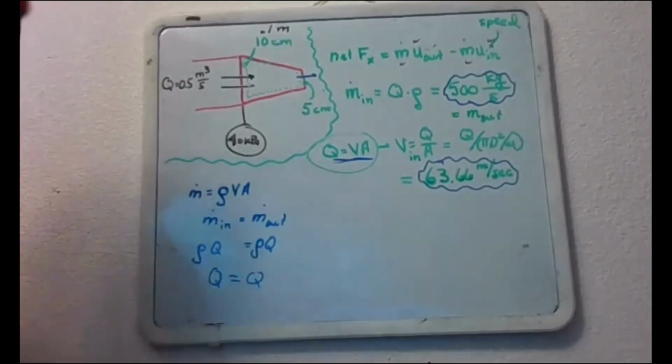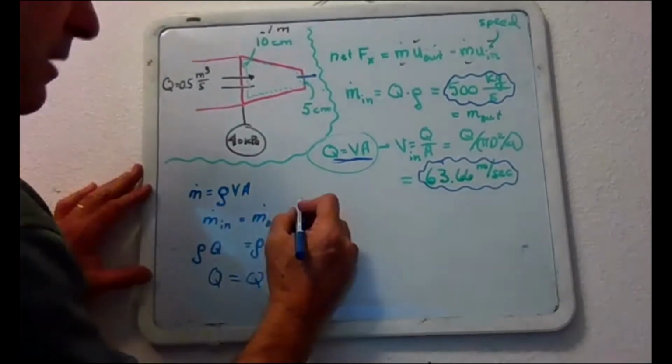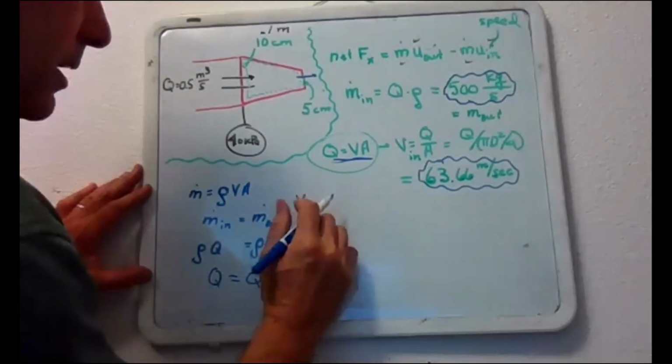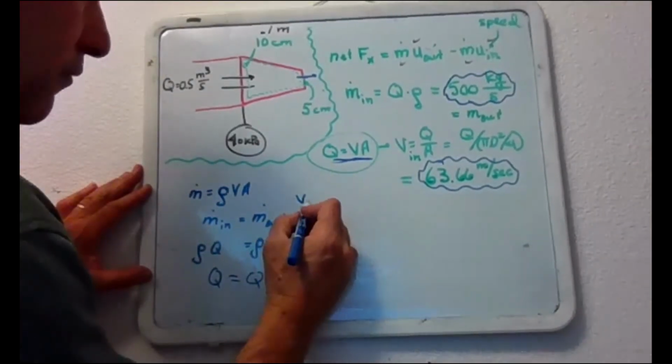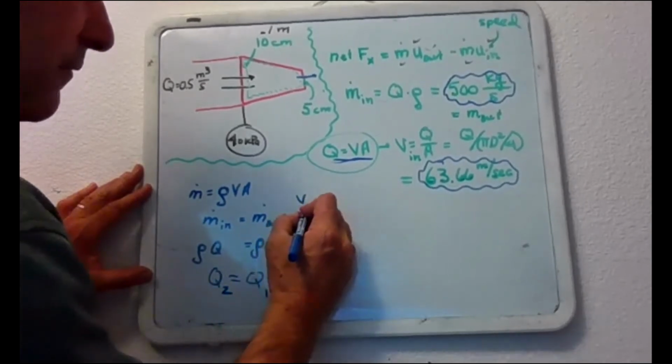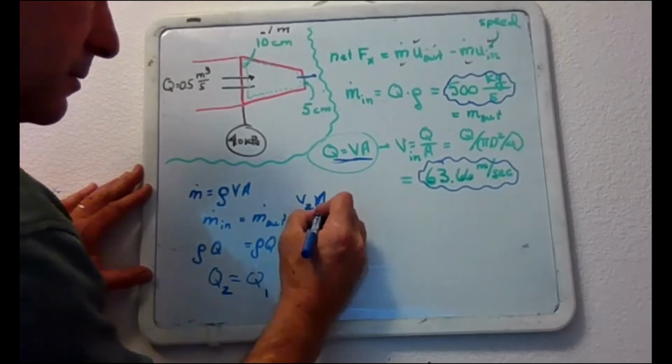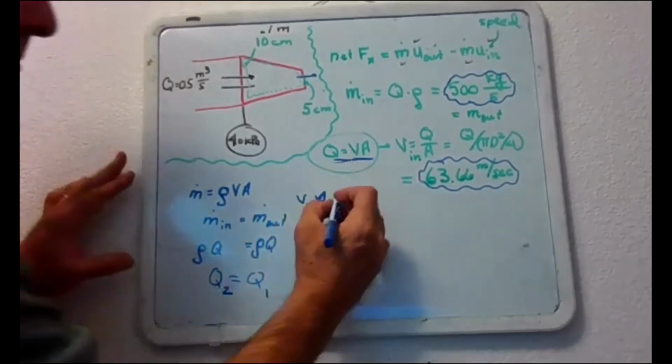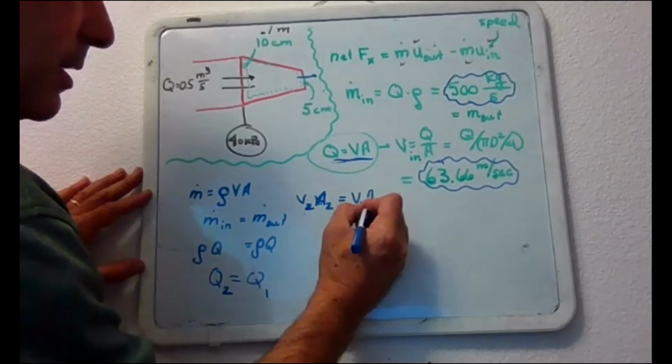Q in is equal to Q out. So if I call this Q2 and I call this Q1, V2 A2, because volume flow is V times A, is equal to V1 A1, okay?